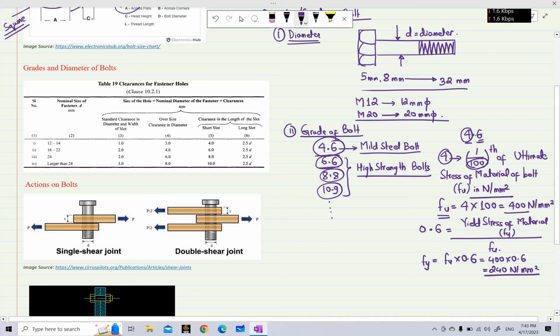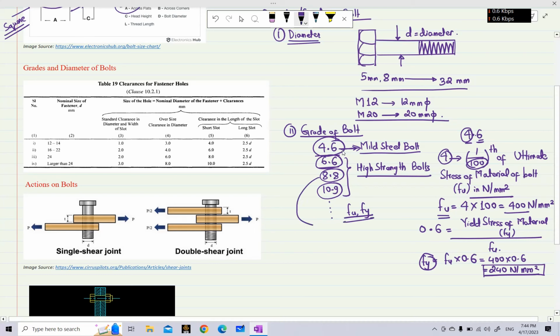Now you can see why this 4.6 grade bolt is called mild steel bolt, because the yield stress of this material is the yield stress of a mild steel, 240 Newton per millimeter square. So 4.6 grade of bolt is the mild steel bolt. Similarly, you can calculate this Fu and Fy for other bolts also.